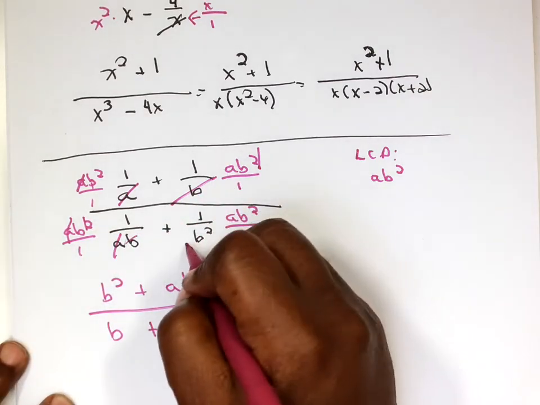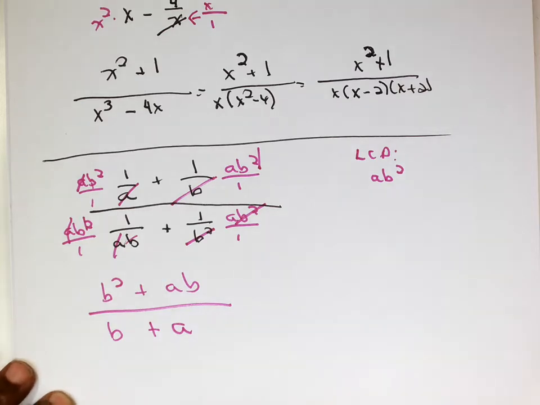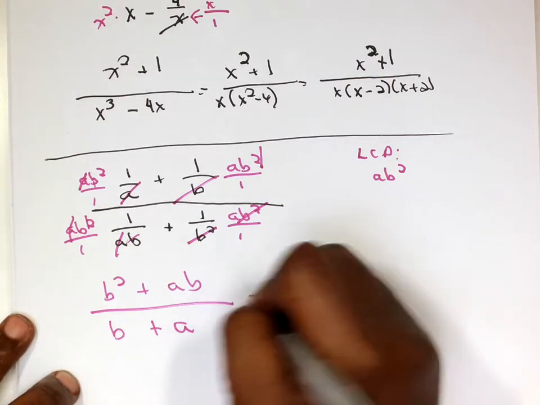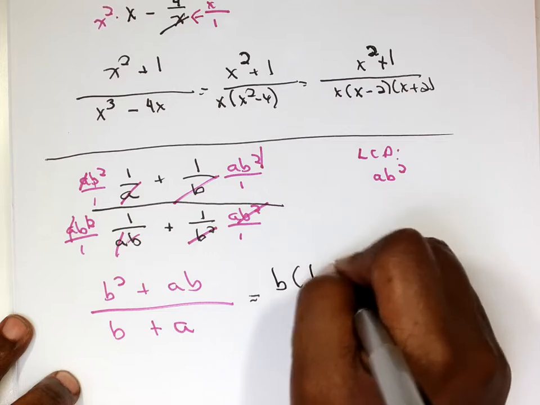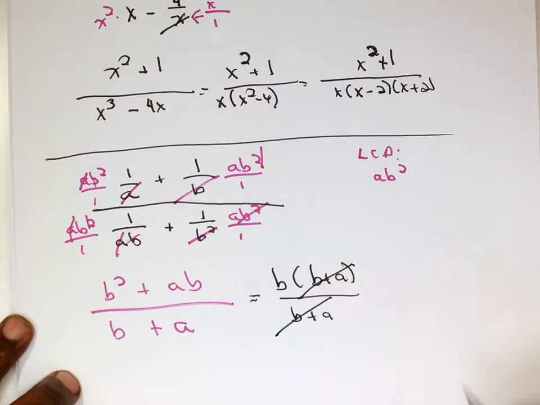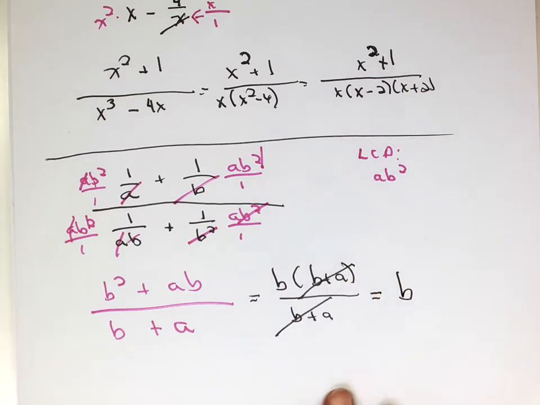And then this last one, the b squareds cancel, so I'm left with a. So I have b squared plus ab over b plus a. And again, I want to factor, so I can pull that b out. And then you can see those factors of b plus a cancel, so my final is just equal to b.